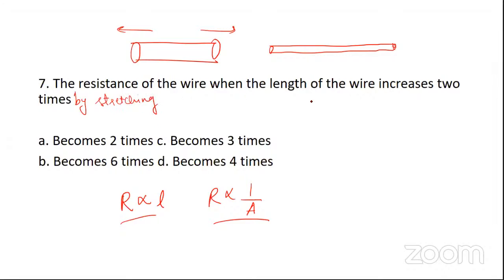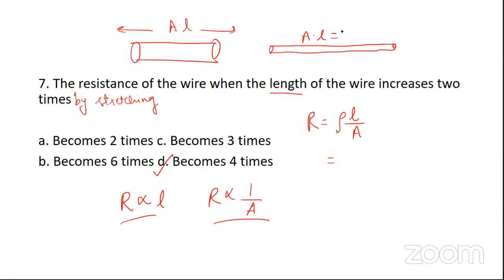So the correct answer, what is the correct answer for this one? D. Correct answer will be D. Because see, when you say R equals rho L by A, and we talk about the length, we have to take area in terms of length, keeping the volume constant, right? Because area into length in both of these situations will be the same.